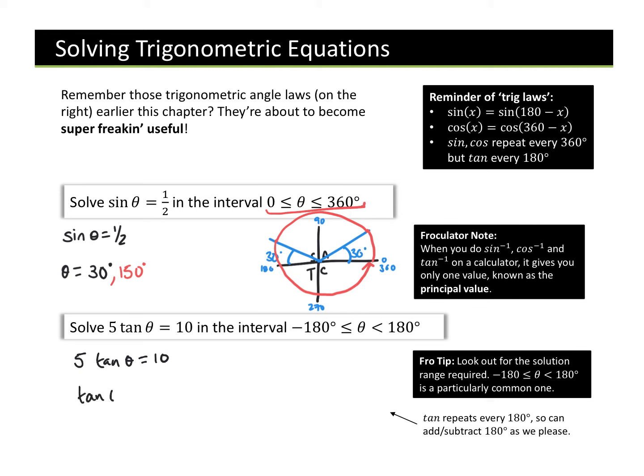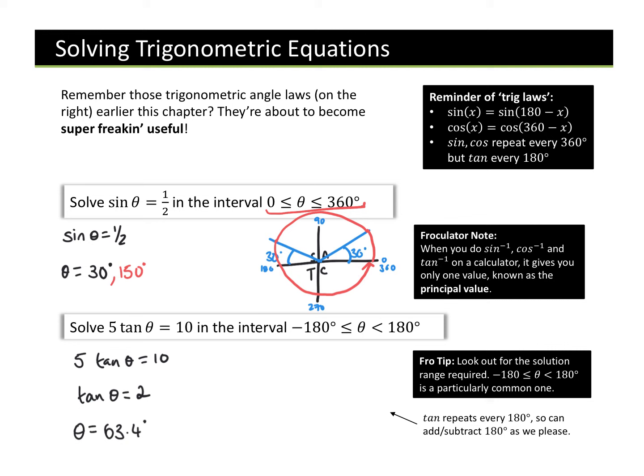I get tan theta equals 10 over 5, which is 2. Now I need to find what theta equals. When I inverse tan of 2, I get 63.4 degrees. Rule of thumb is 3 significant figures, sometimes 1 decimal place, but roughly, it will tell you in the question. If it doesn't, just go with 3 significant figures.